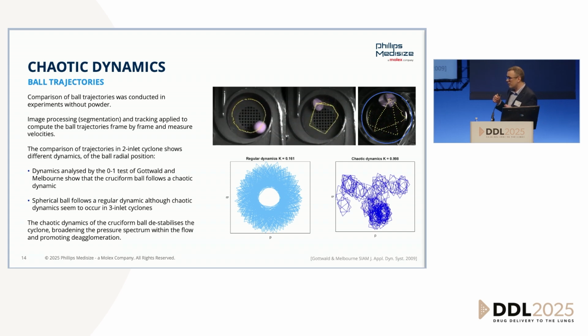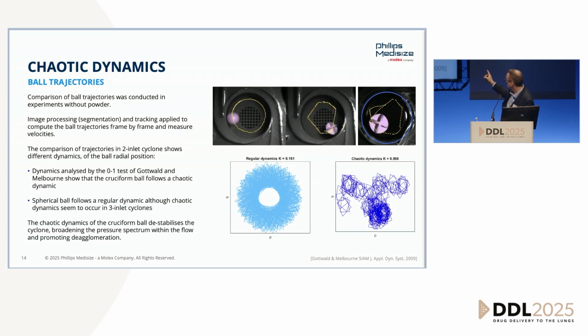You introduce 2 variables, P and Q. If these variables describe a walk that fits in a bounded domain, which is this flower shape that you can see, this is a sign of regular dynamics that you can see with the spherical ball, so predictable, expected.